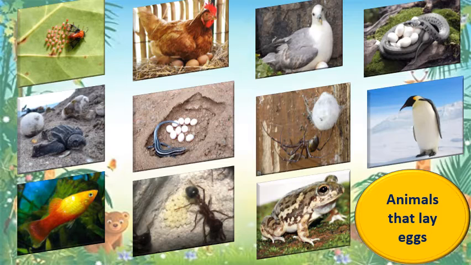For example, hen gives eggs, birds, snakes, because their eggs are big enough to be easily seen. Okay, now students, we will study about the hen and how the chicks come out from the eggs.